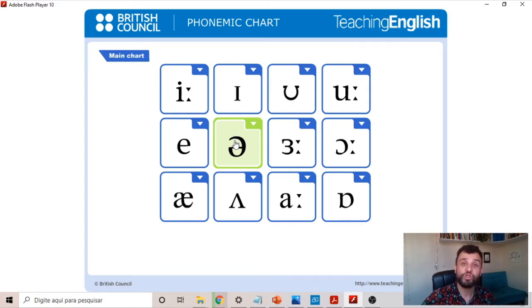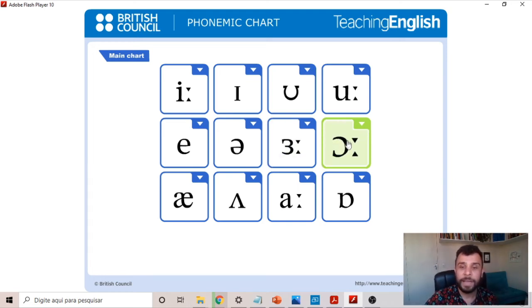It's called schwa, as in teacher, observer, about, and computer. And then this is the long version of this sound. They're the same. This one is short, this one is long, just like in girl, nurse, earth.